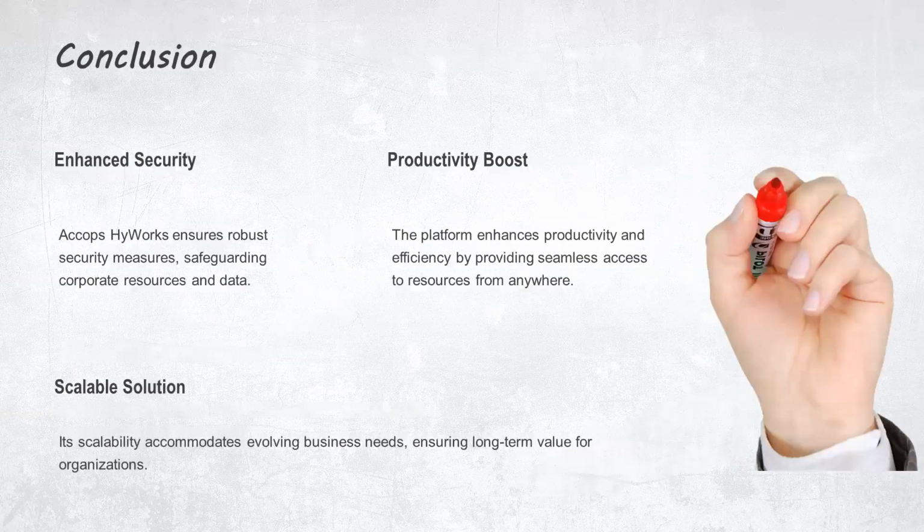In a nutshell, we have enhanced security, a productivity boost, and a scalable solution. This is what Accops is bringing to the table in the form of HyWorks. Licensing remains the same: user-based license, computer-based license, or concurrent licenses.